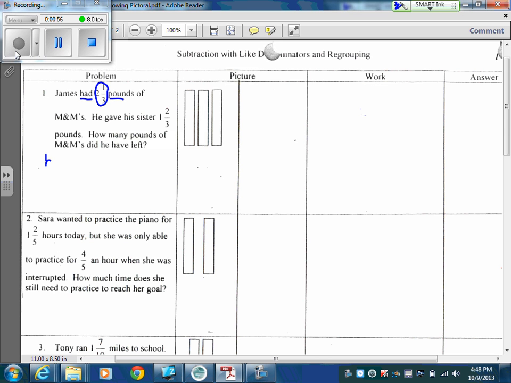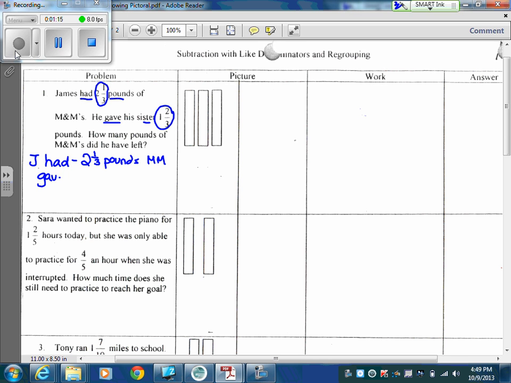Okay, so I'm just going to rewrite this. This is James. He had 2 1/3 pounds of M&Ms. He gave his sister 1 2/3.